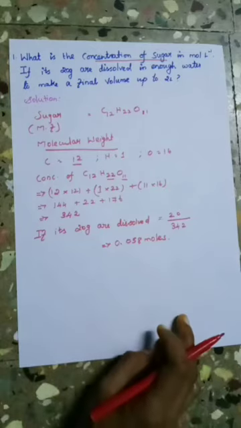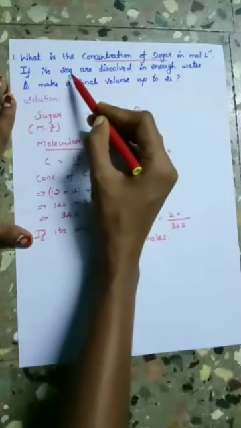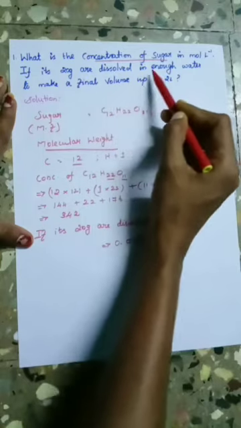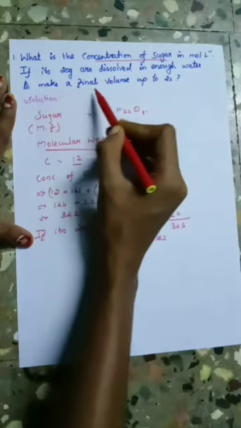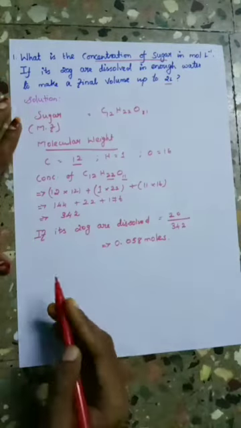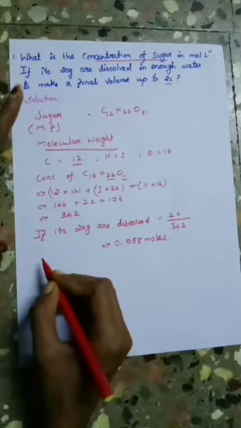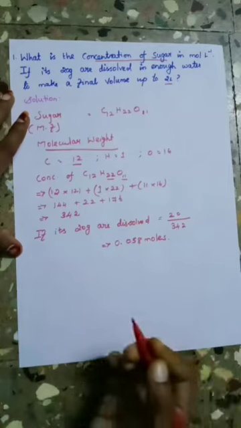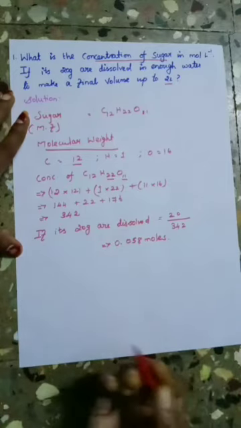Next, what they have asked: if 20 gram is dissolved in enough water to make a final volume up to 2 liter. So if the solution contains 2 liter, then the concentration of 0.058 moles, how much?